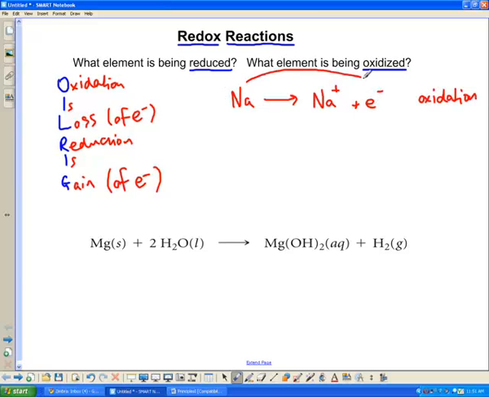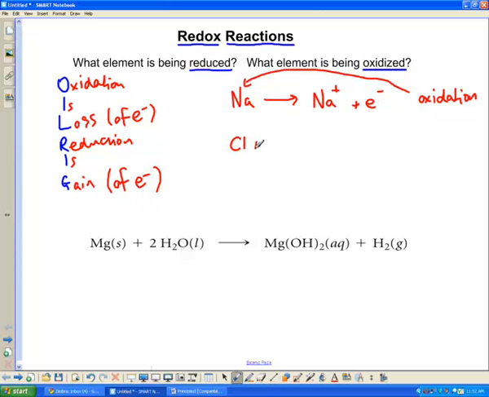This species was oxidized. We're only concerned about the starting materials. We aren't concerned about the products in terms of what was oxidized and what was reduced. So sodium was oxidized because it lost an electron. Originally this had a bunch of electrons in it, and over on the other side it's got one less. So it lost an electron.